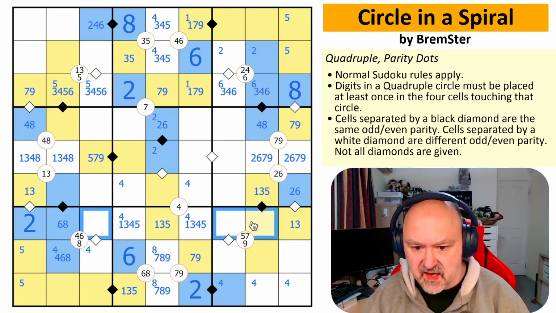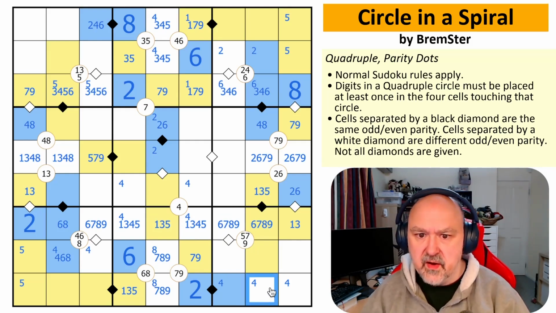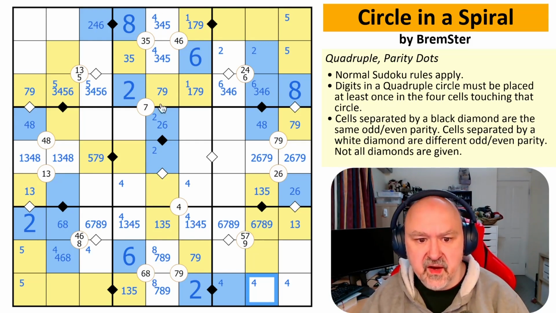So these are 1, 2, 3, 4, 5, 6, 7, 8, 9. Which is remarkably unhelpful. I have forgotten the trick. I have definitely forgotten the tricks in this puzzle.